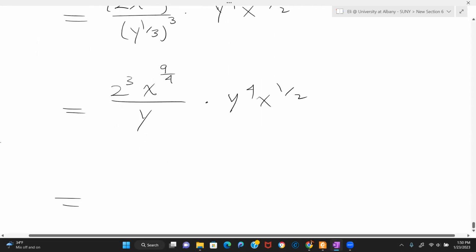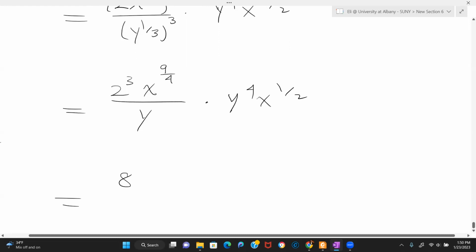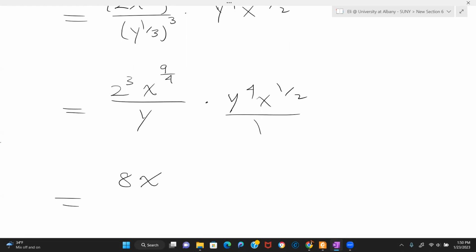The 2 to the third becomes 8. Now I can multiply this because this is really y to the 4th, x to the 1/2 over 1. So I can multiply numerator by numerator and denominator by denominator to get this.